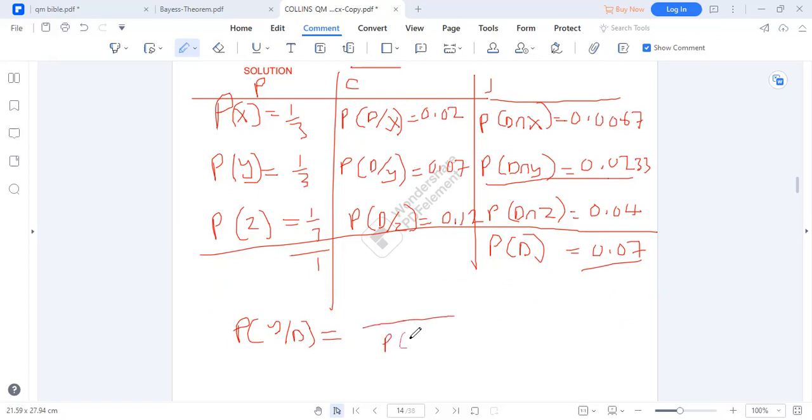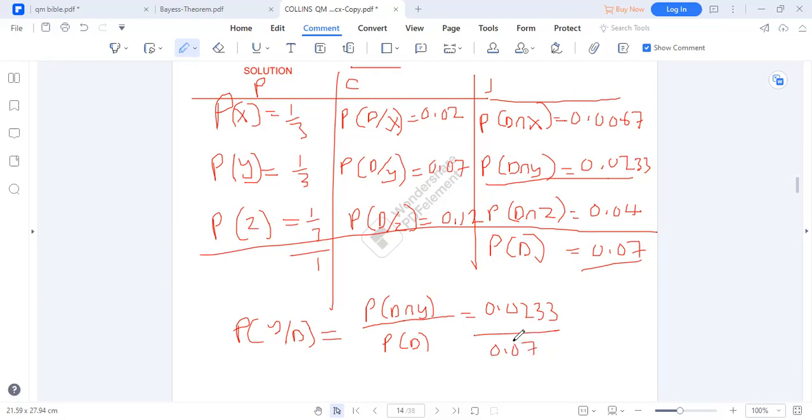Okay, so put the D down there. We'll go to the bottom, then here, and then we're going to have the probability of Y intersection D, which we have as 0.0233. The probability of D is 0.07.